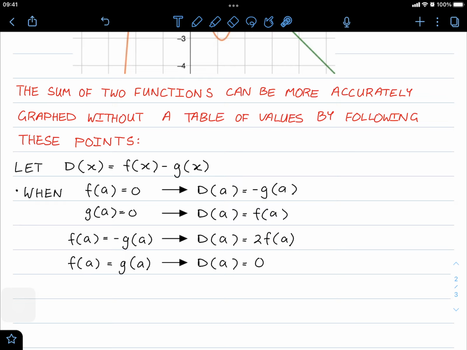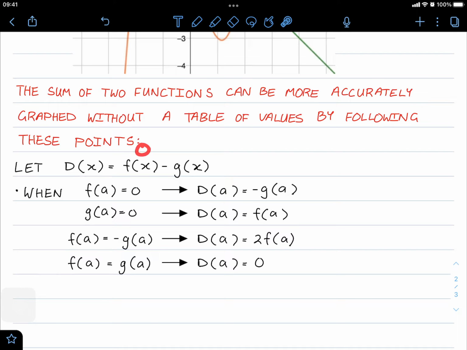Now let's think very critically here. When f of a is equal to 0, it becomes the negative of g of a. So let's say we have a 0 minus, and let's say g of x is 3. Well, the difference of the two, 0 minus 3, is just negative 3.